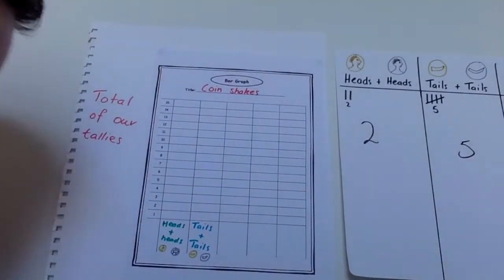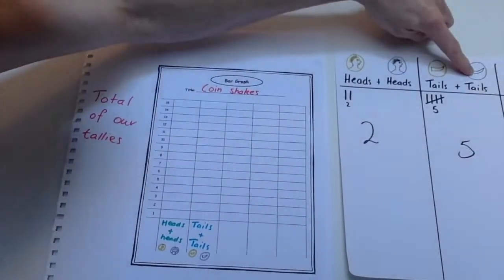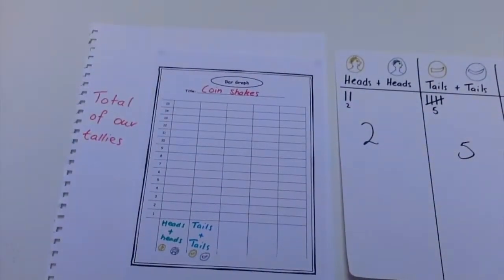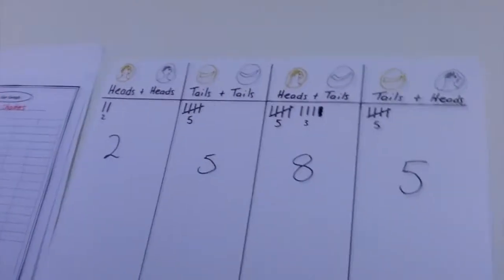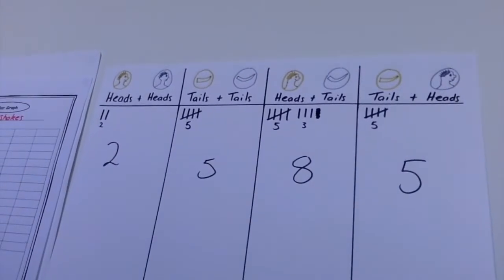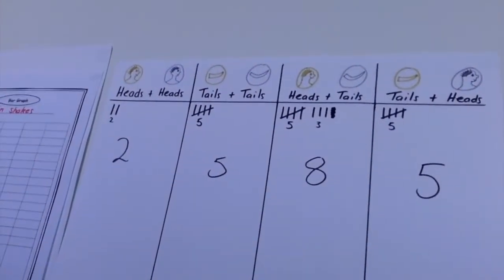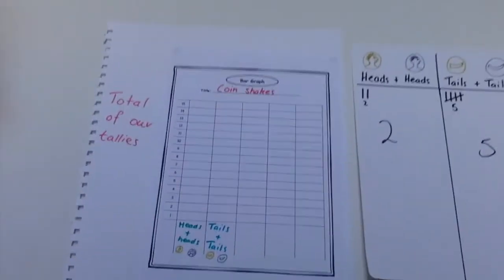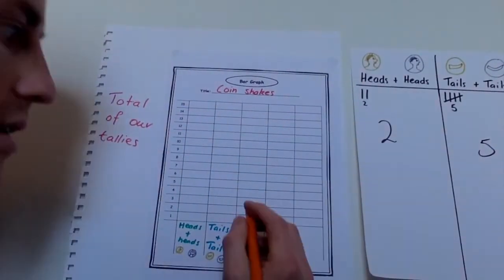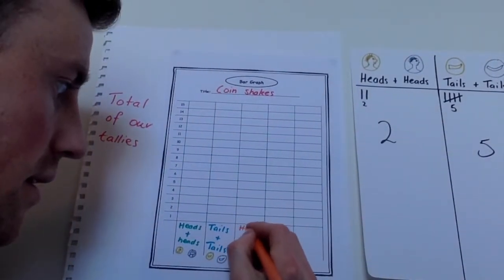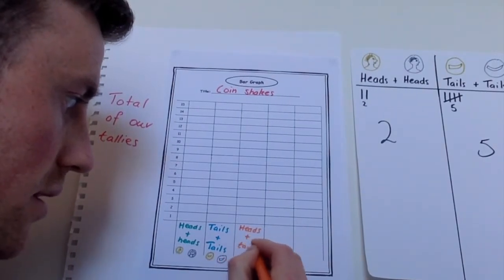Now that I've drawn my tails and tails, I need to go to the next one, which is heads and tails. This one, heads and tails, is heads gold and tails silver. So I'm going to choose my orange. Heads plus tails.